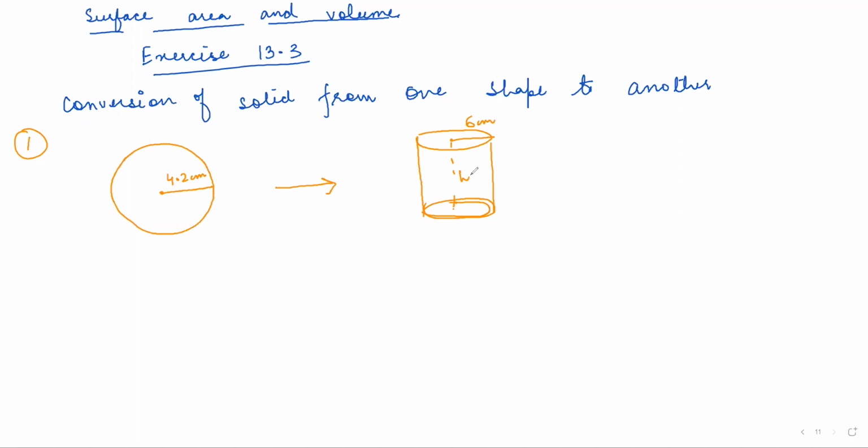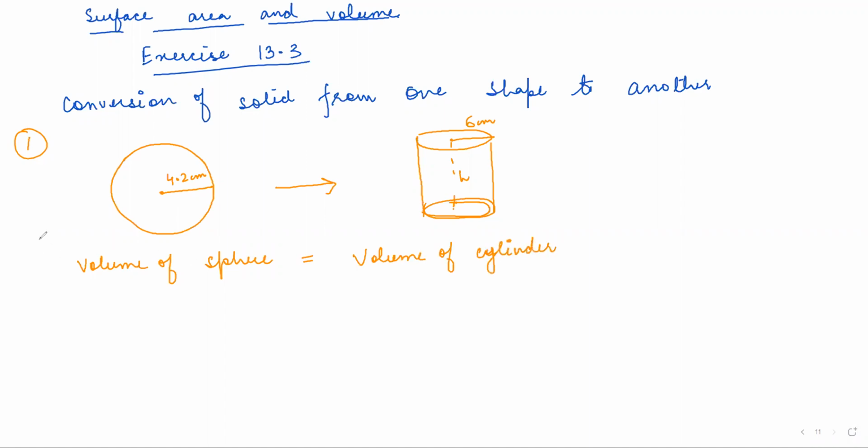Okay, now Harsha. Since I'm melting the sphere and converting it into a cylinder, which thing will remain the same here? The volume, ma'am. Exactly, so volume will remain the same. So you write that volume of sphere is equal to volume of cylinder.